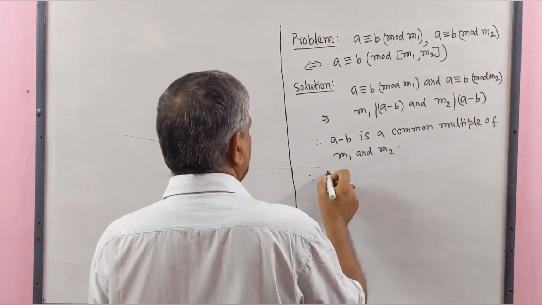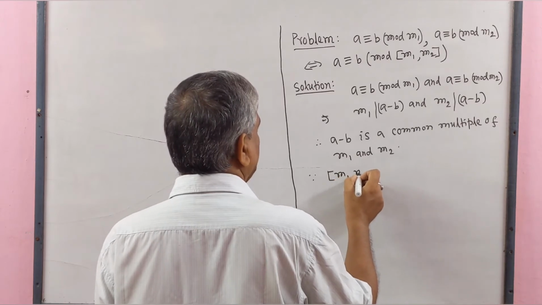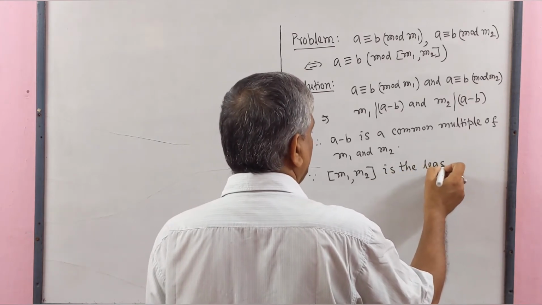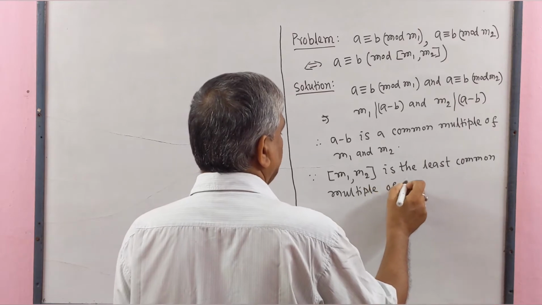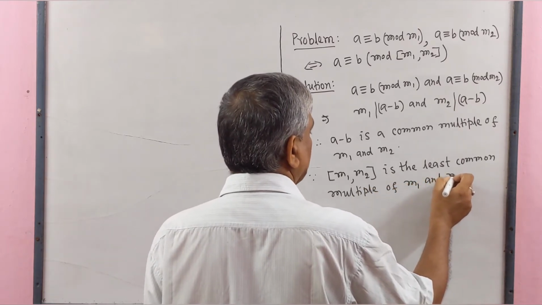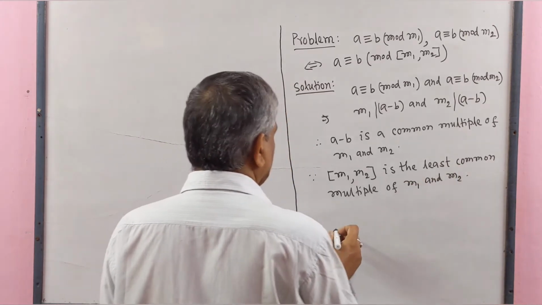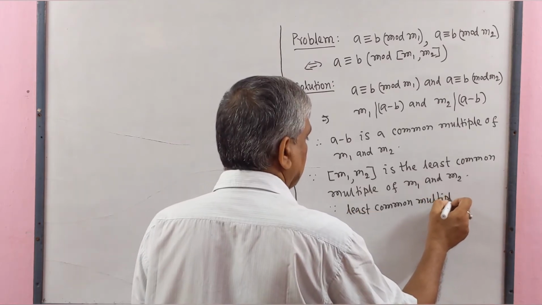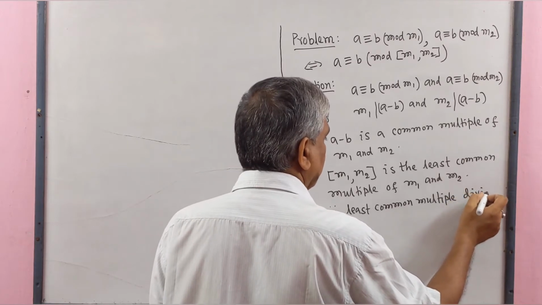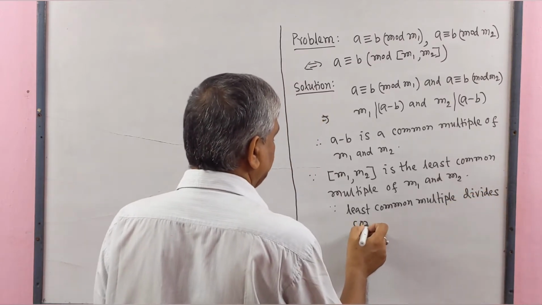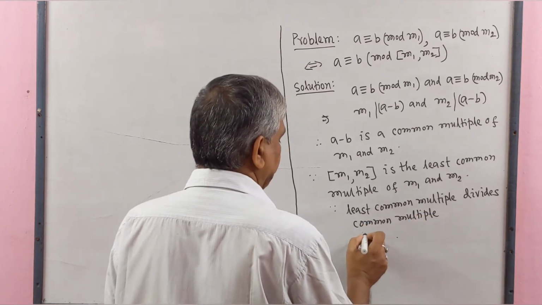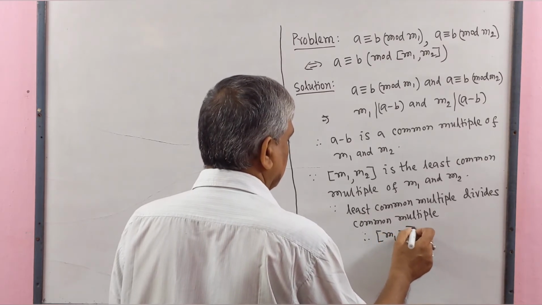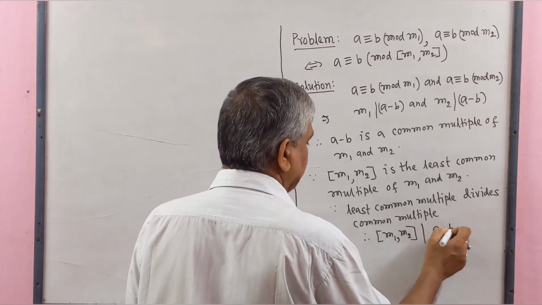Since LCM of m1 and m2 is the least common multiple of m1 and m2, and the least common multiple divides any common multiple, therefore the least common multiple of m1 and m2 divides a minus b.